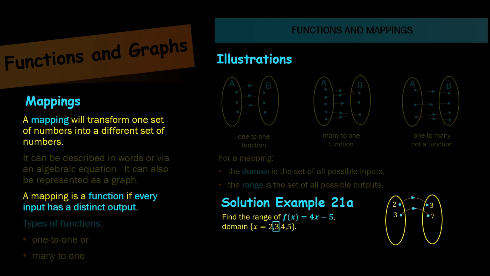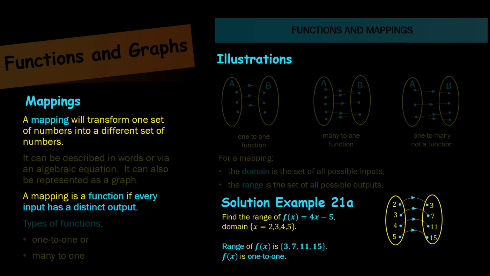The value 4 maps to 11 and the value 5 maps to 15. Therefore the range of f of x is 3, 7, 11 and 15. And of course f of x is 1 to 1.